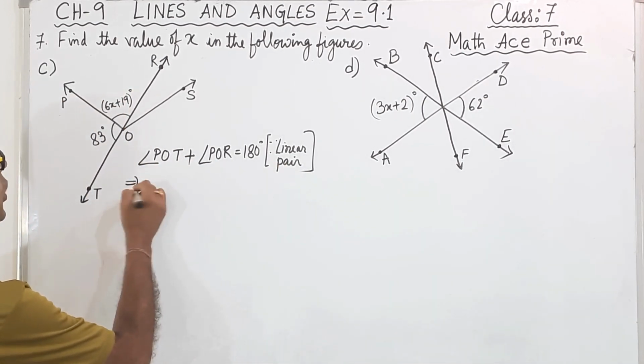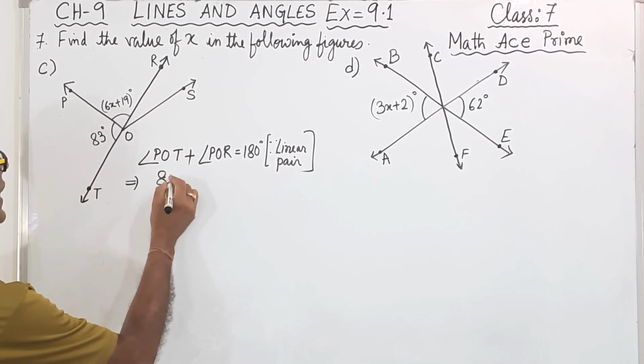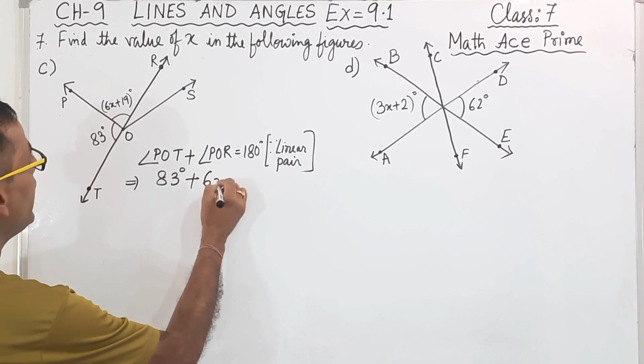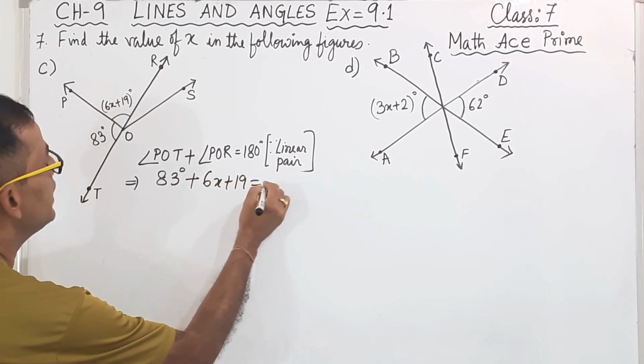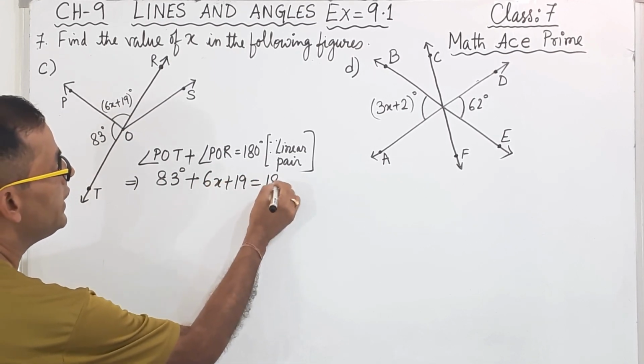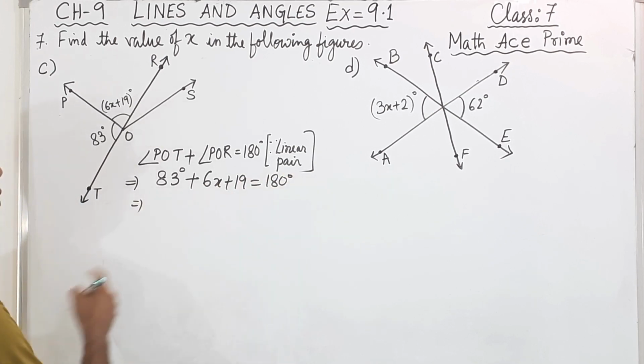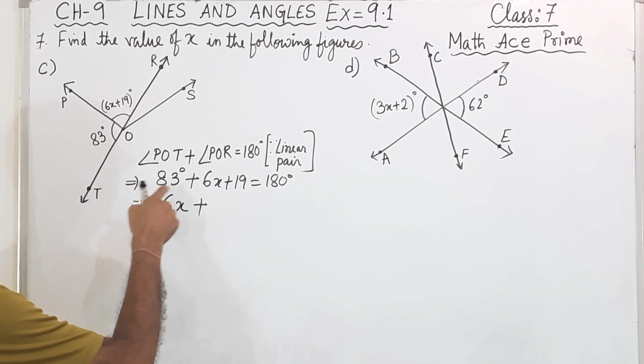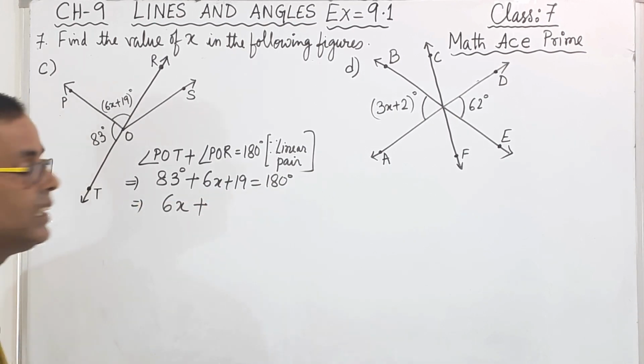So now POT is what? 83 degree plus POR is what? 6x plus 19 equal to 180 degree. Now what you can do? You can write 6x plus, now 83 and 19. So how much comes?